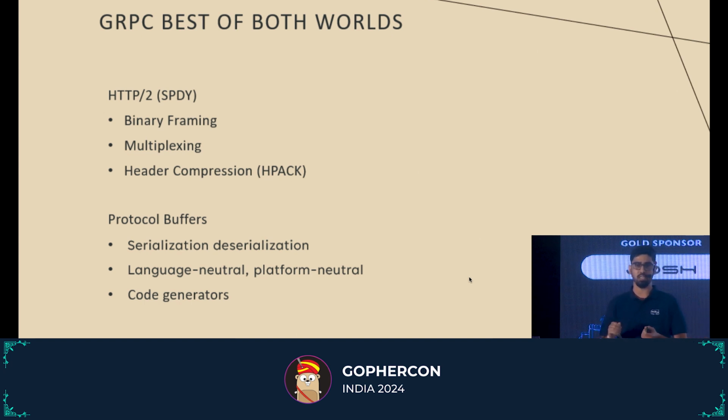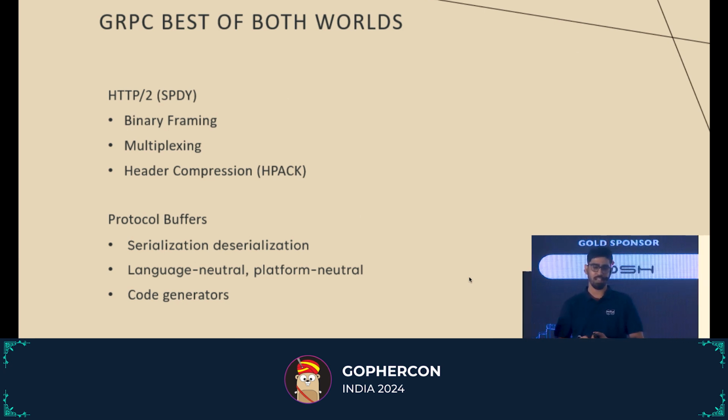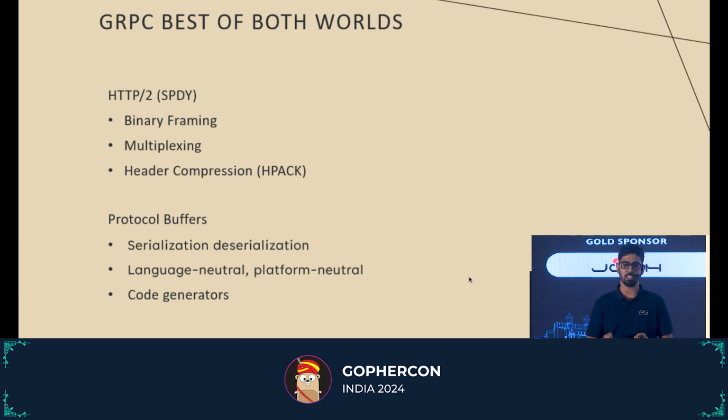Google took this idea, and for internal microservice communication there was a project called Stubby, which they were already using from 2001. gRPC utilizes two frameworks, which are HTTP2 and protocol buffers.